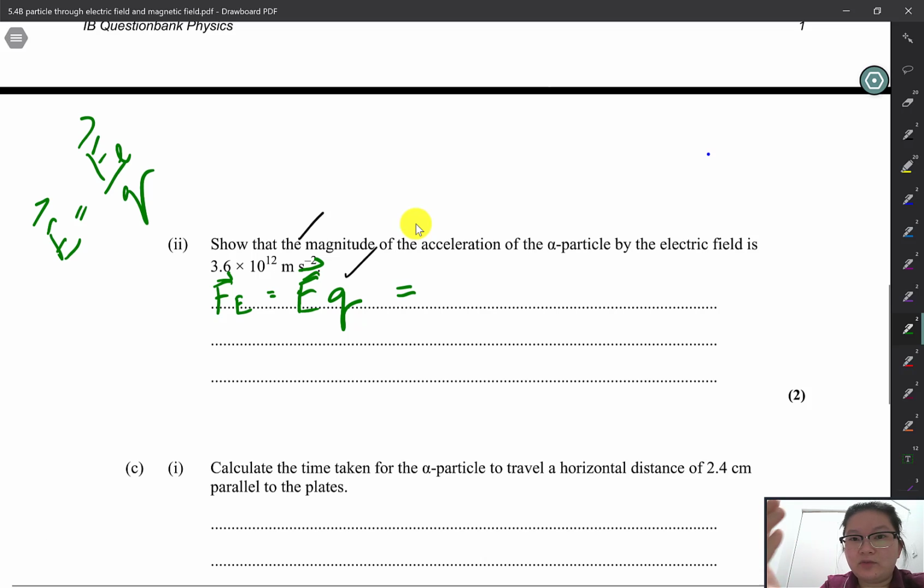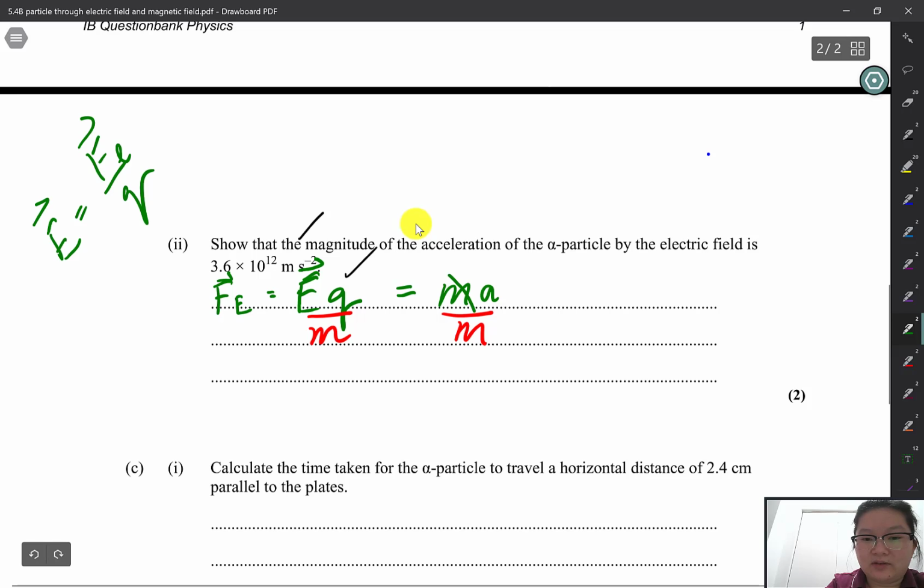Since that's the only force acting on the alpha particle, this will just be equal to the mass of the alpha particle times the acceleration. To solve for the acceleration, we just have to divide the other side by the mass. So acceleration is the electric field times the charge divided by the mass.